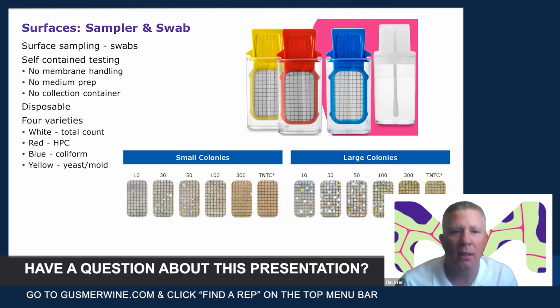You have your small colonies, which shows the counting, and then the larger colonies on the right show the different types of colonies that you ended up with on these paddles. We have total count, HPC, heterotrophic plate count, coliform, and yeast and mold. Next slide.